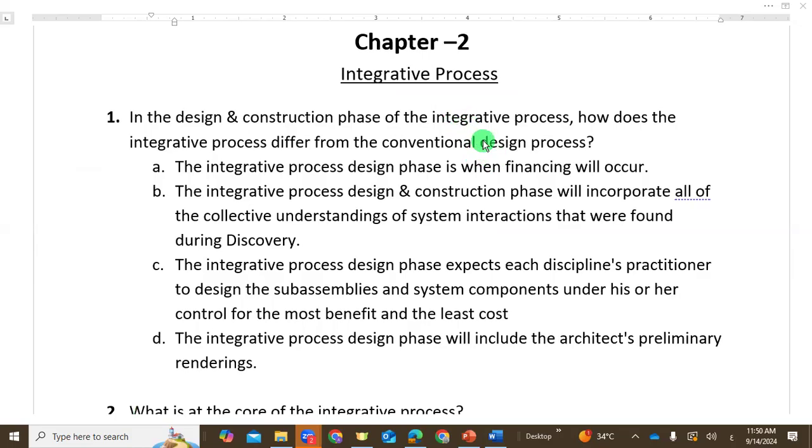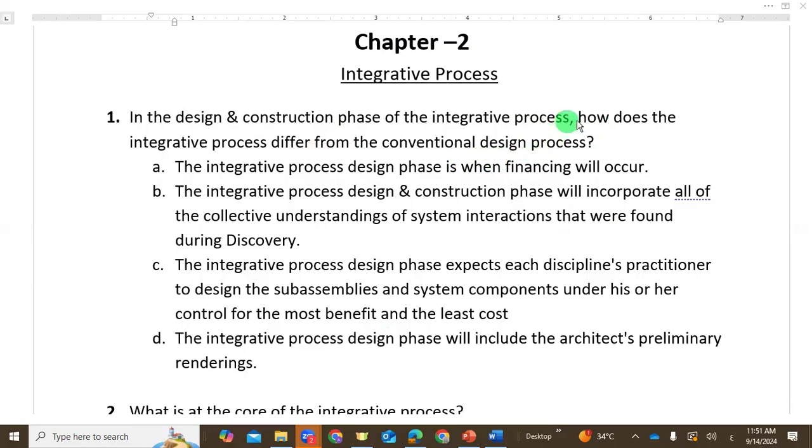The integrative process means I have a project with an integrative process, like all your projects now, all international projects apply the integrative process. How does the integrative process differ from the conventional design process?